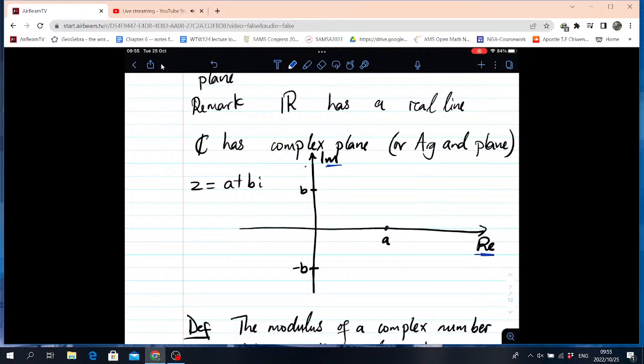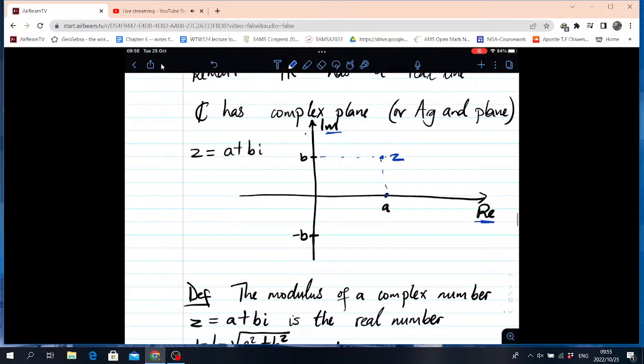So you've got your a and your b, and then your vector will be somewhere there. That will be z. And if you want the conjugate, we just reflect about the real axis, and then we get the conjugate there, right?